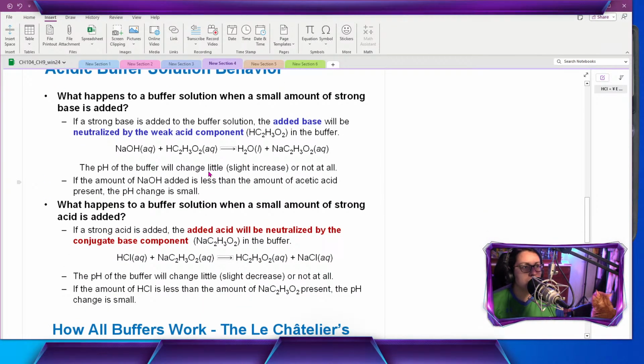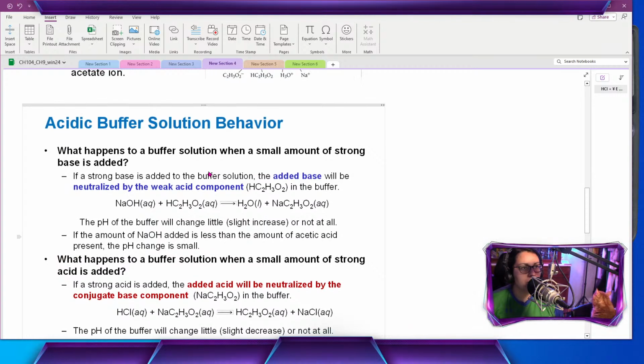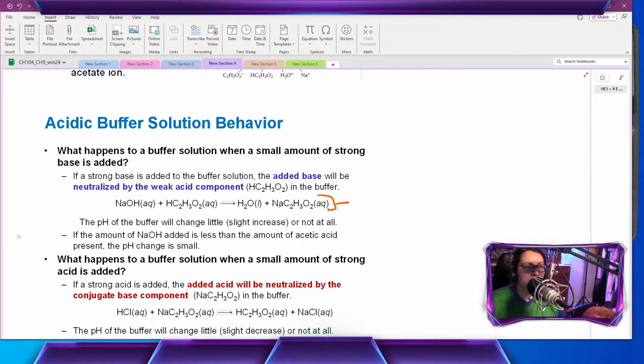And so this is a little wordy, but all it's trying to walk us through is what reactions are going on. So now we're looking at our acetic acid acetate buffer solution. And so it says if we add a base, then it reacts with our acid. So we can see that reaction, right? Neutralization reaction to give us water. Then we form our sodium acetate, right? So this is just our conjugate base, aka our salt that we put in.